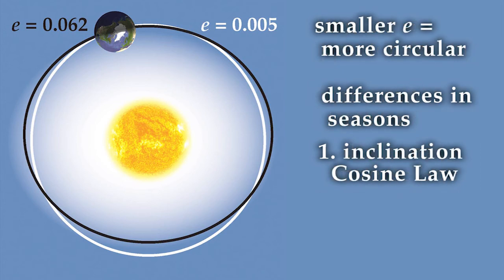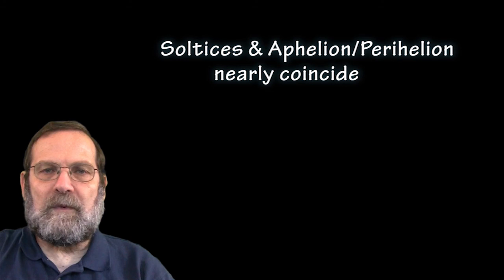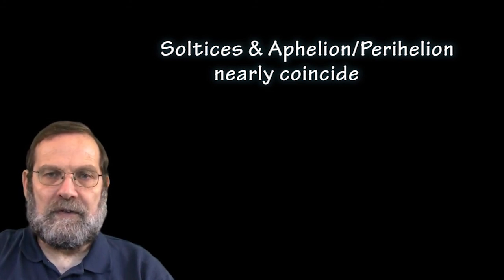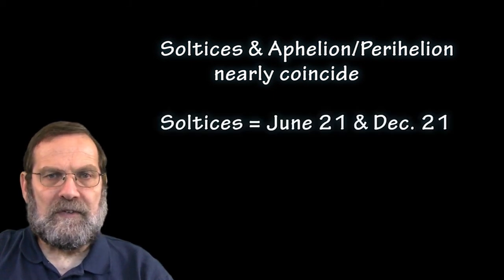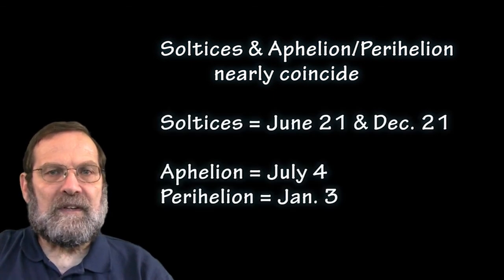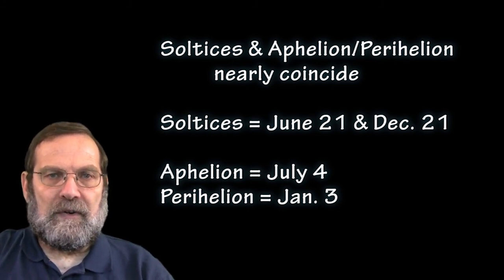When the eccentricity is near circular, seasonal variation derives solely from the differences in the angle between the axis of Earth's diurnal rotation and its orbital plane around the Sun, cosine law. At present, the summer and winter solstices and the aphelion to perihelion, furthest to closest, nearly coincide. The solstices are June 21st and December 21st, while the aphelion and perihelion are respectively July 4th and January 3rd.